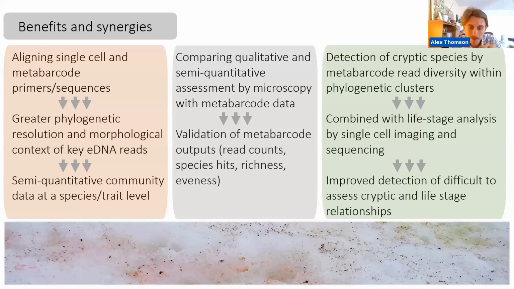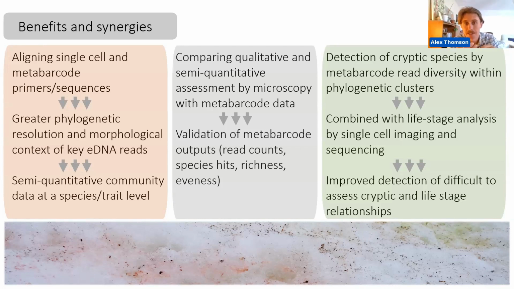If you have your metabarcode read, you're able to align that against your catalog of images and sequences from the single cell barcode reads. You're then able to essentially give a lot more phylogenetic resolution to key reads in your metabarcode data set. And you're also able to include ecological trait, morphological data from the microscopy to the metabarcode data set.